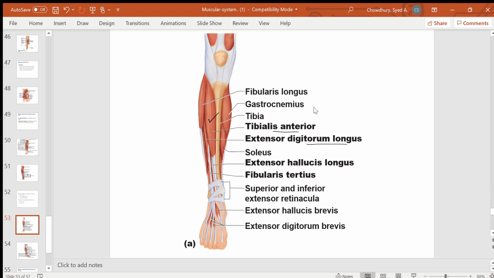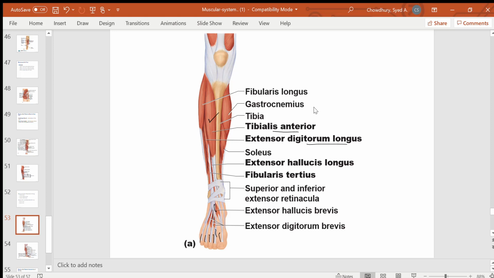You should remember that the muscles that go to the foot from the front of the leg will do what? They will move the fingers and foot towards them. That means extension of the digits, okay, and dorsiflexion of the foot.